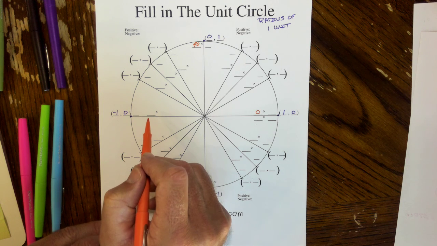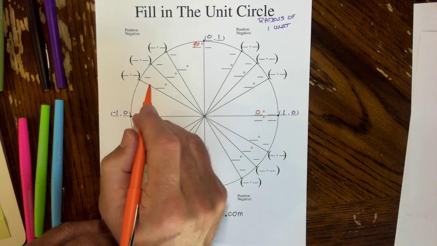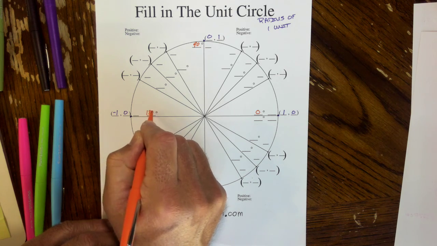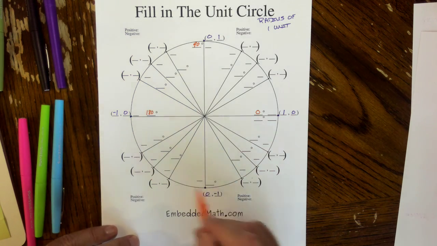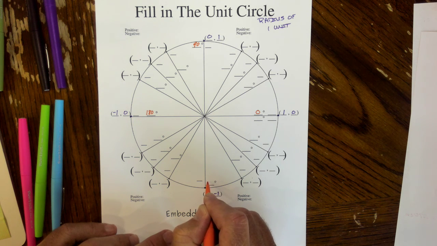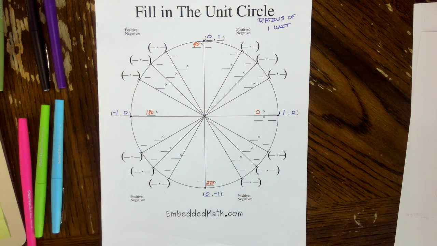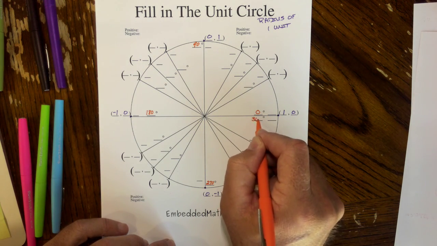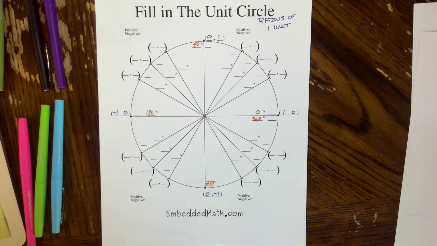Yes, I can hear you all saying it now. This would be 180 degrees. And again, we're going in a counterclockwise manner. This would be what? Right, 270 degrees, and then a full rotation back to 360 degrees. Very good, very good.